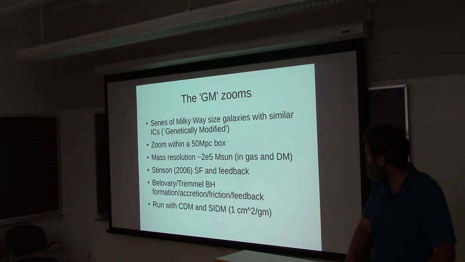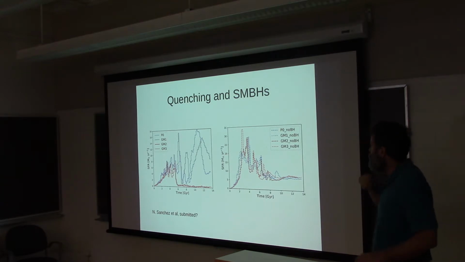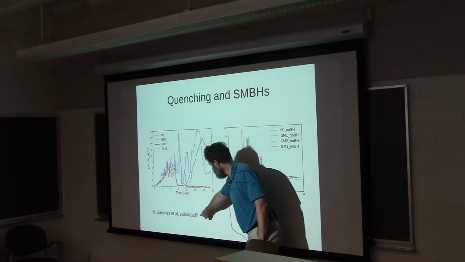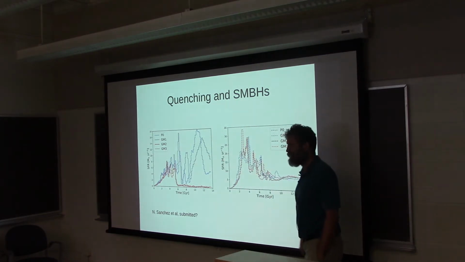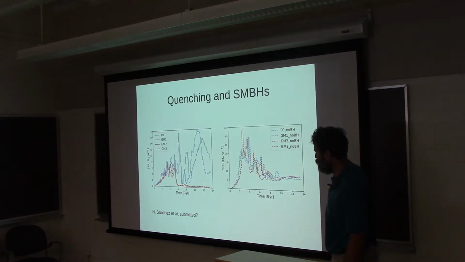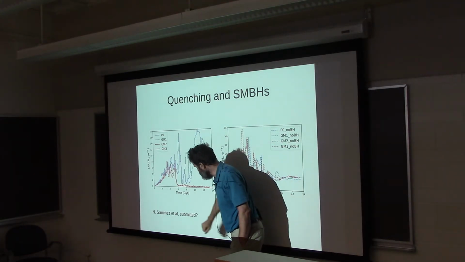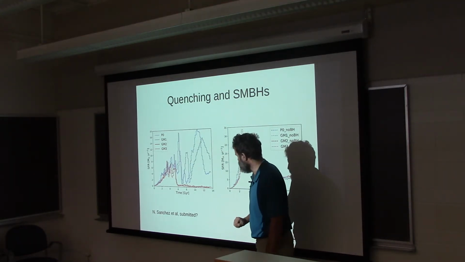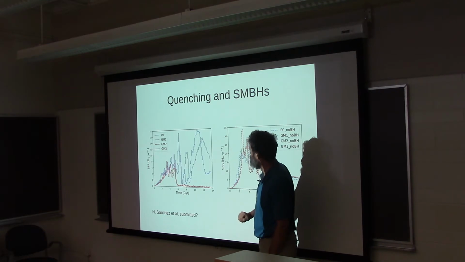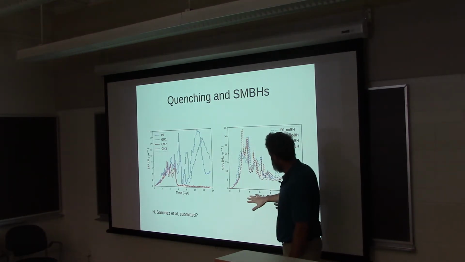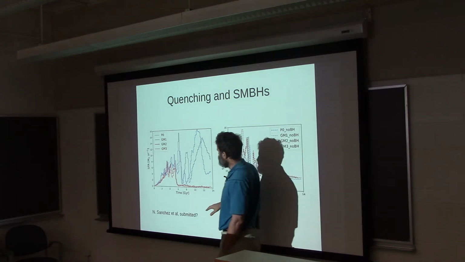So first let me just talk about the CDM runs. And this is work by Nicole Sanchez, which I'm going to check my email when I finish the talk to see if she has submitted the paper yet. But it's to be submitted imminently. Her main work has been on the CGM, but we've got these simulations, and let's take a look at them.